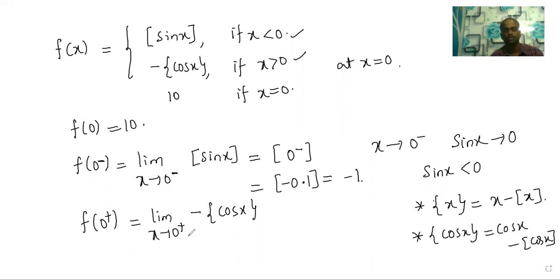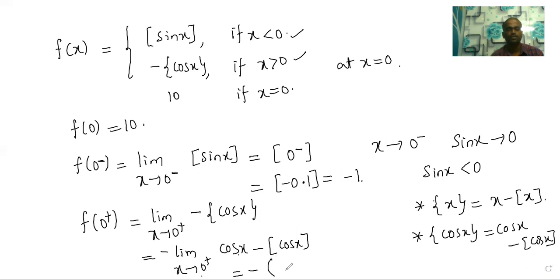But here we have minus fractional part, so you take the minus outside of the limit. Then the fractional part of cos x can be written as cos x minus box of cos x.